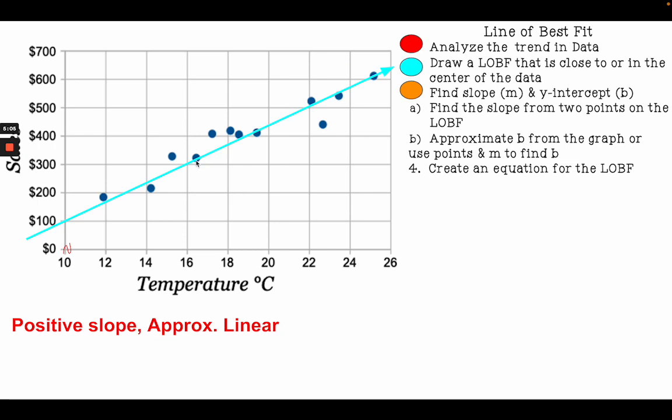I'm going to use this point here, which is about, I'd say, 16.5 and 320. And maybe this point up here, which is about 25 and 600. Again, we're just approximating. We're not given actual data, so we just have to approximate where we think it is.